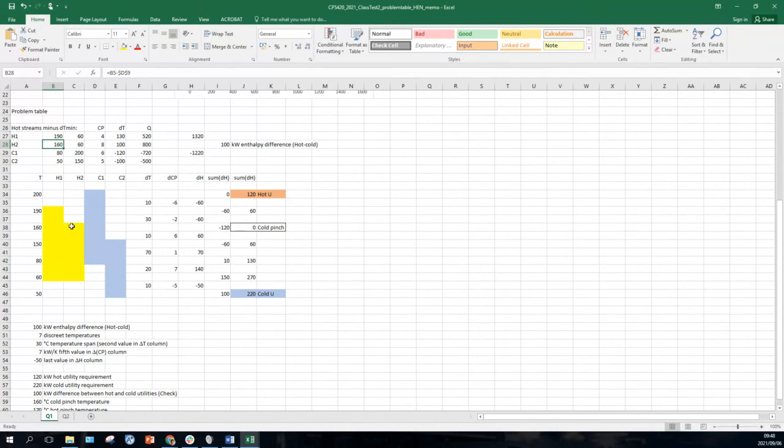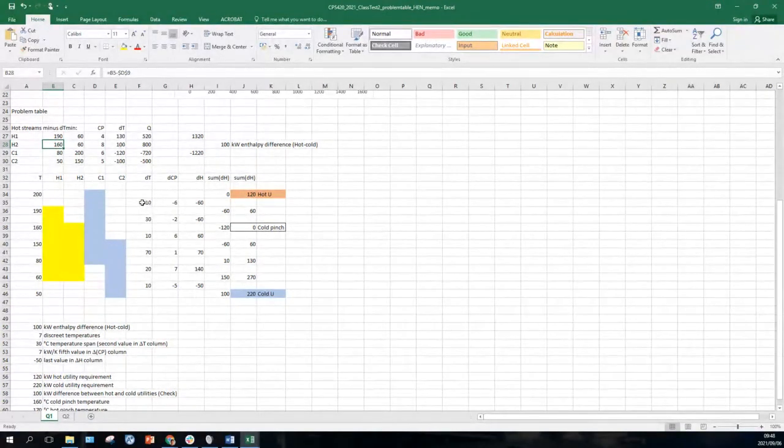H1 is from 190 to 60. H2 goes from 160 down to 60 as well. Cold, 80 to 200. From 80 up to 200. And the other one is from 50 up to 150. Right.